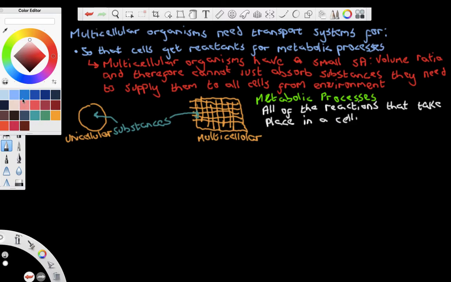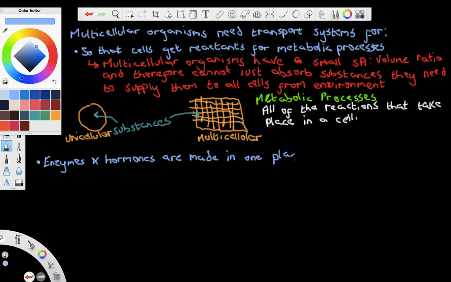Another reason why multicellular organisms need transport systems is because substances such as hormones and enzymes are usually made in one place and then needed elsewhere. So enzymes and hormones are made in one place but needed elsewhere.